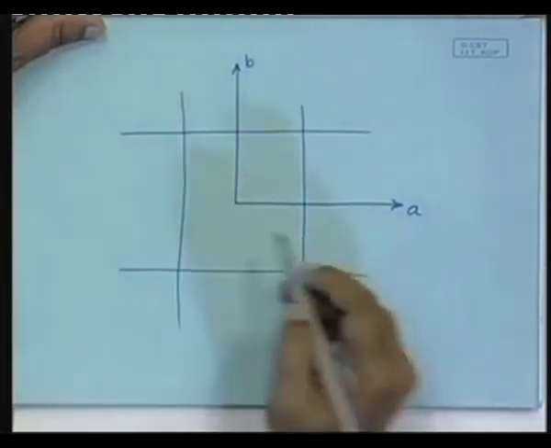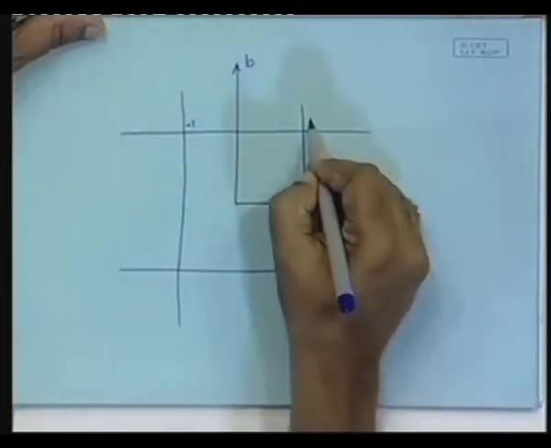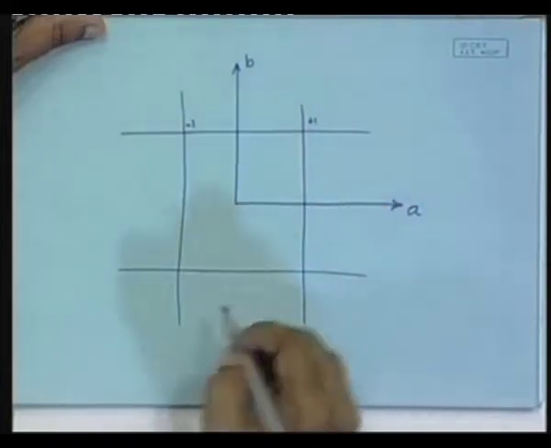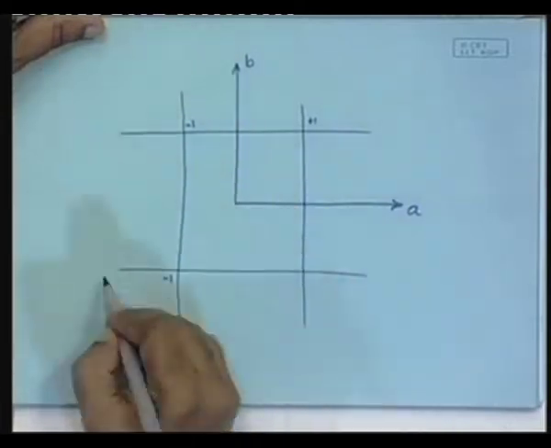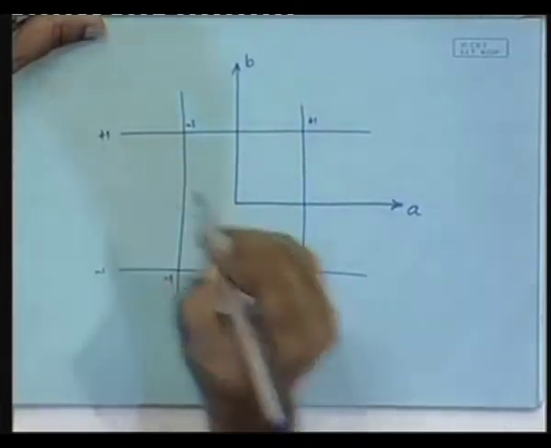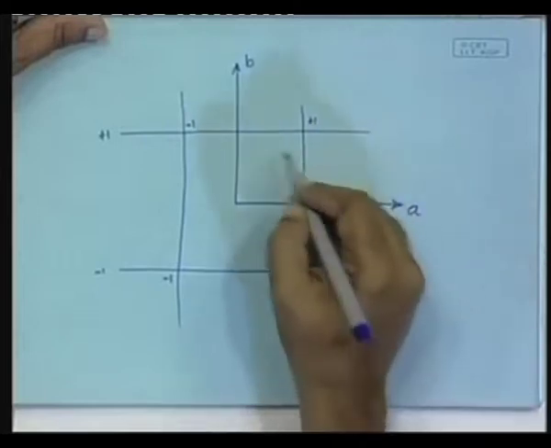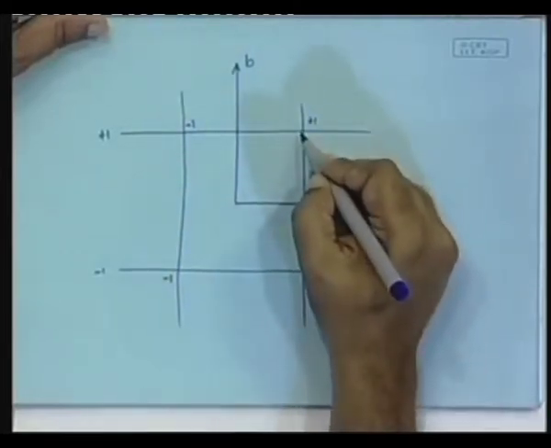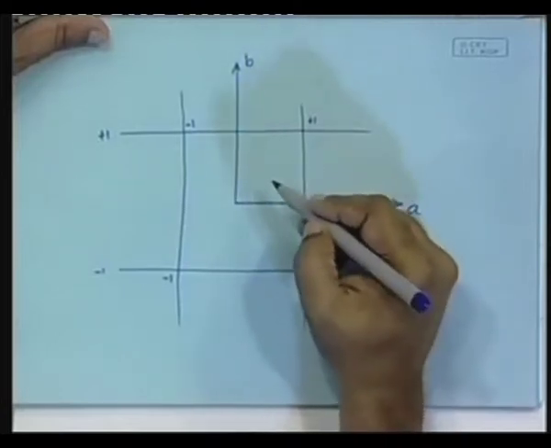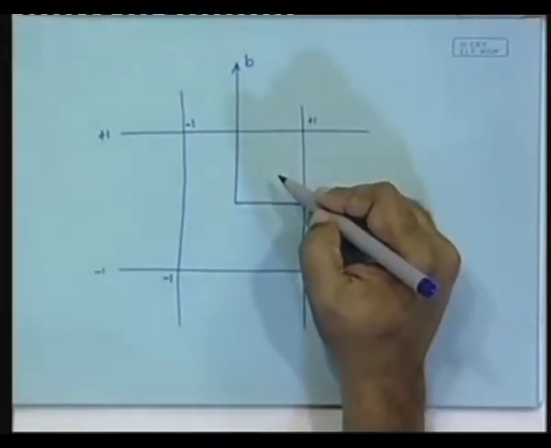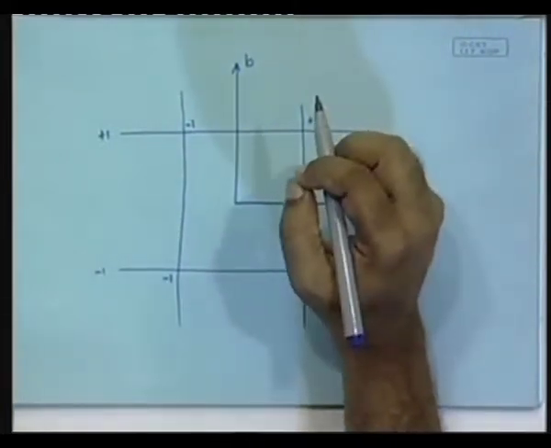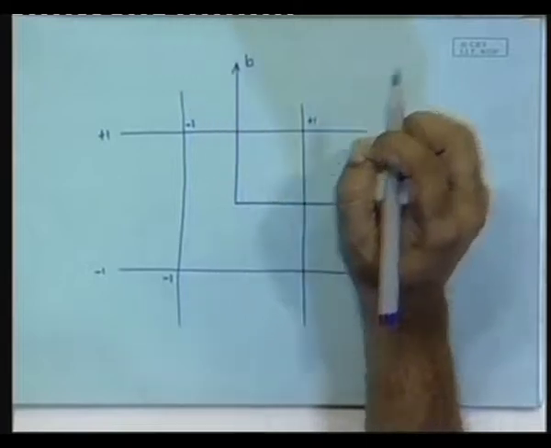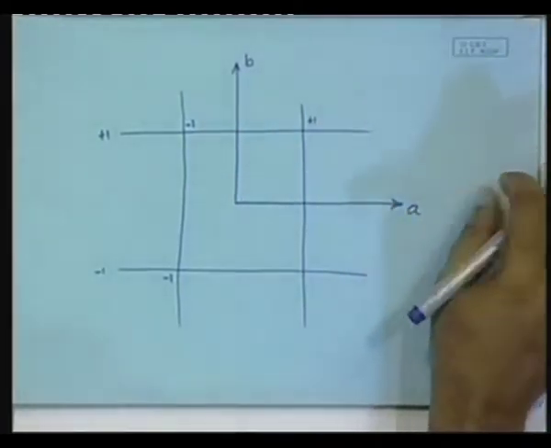We said that this box, which is between -1 and +1 this way and -1 and +1 this way, essentially represents a situation where on both sides, the left hand side and the right hand side, the map is stable. So, you have got an evolution from a period 1 orbit to a period 1 orbit.